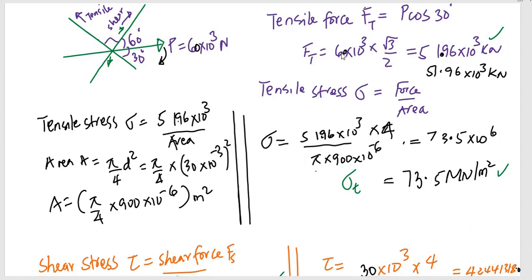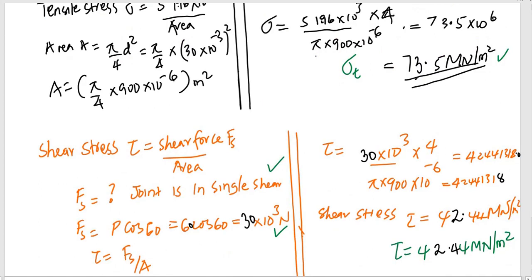If I bring it under the force, it will be tensile stress sigma equal to 51.96 times 10 to the power 3 times 4 divided by pi times 900 times 10 to the power negative 6. This is just force out of area, and the tensile stress sigma T is equal to 73.5 meganewton per square meter. Now let us look at shear stress.